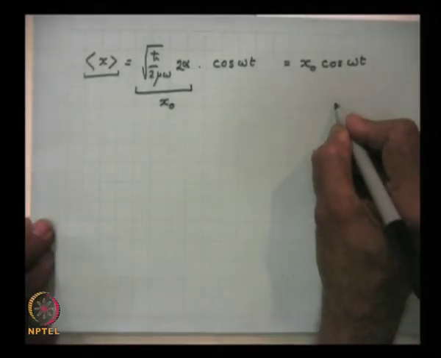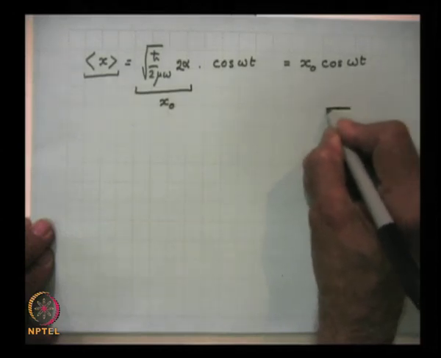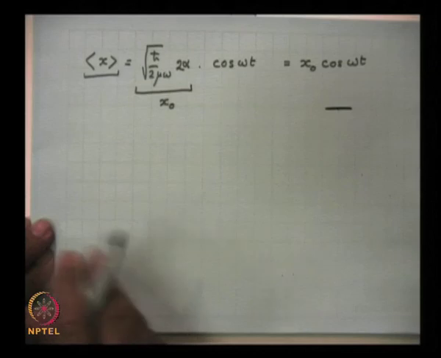This is what a classical oscillator looks like, because in a classical oscillator, like the bob of a simple pendulum, it oscillates back and forth. Therefore, the time evolution of the coherent state is just like that of a classical oscillator.